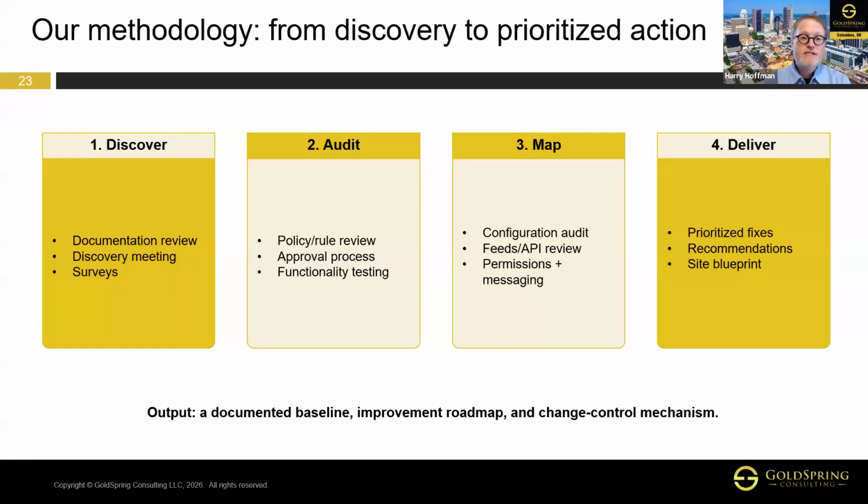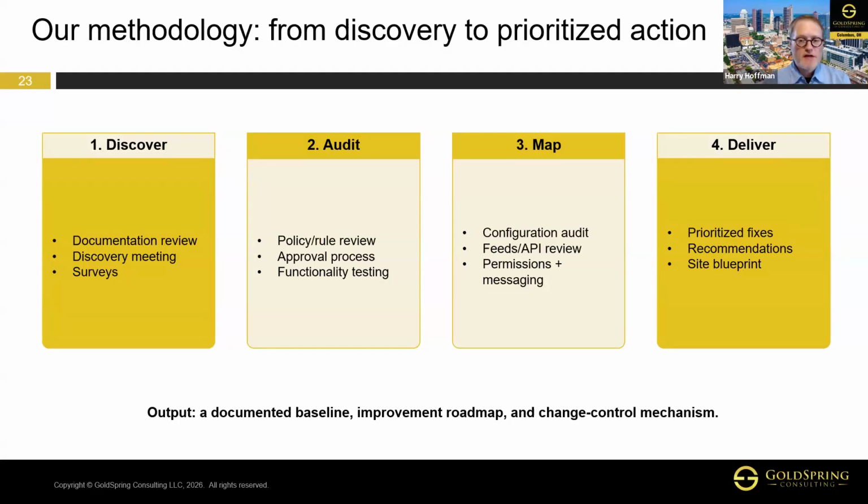How do we do it overall? What is our methodology for doing the OBT audit? So first we start with discovery. So we start with the documentation review. We ask you to collect what documents you may have from implementation or the last audit you may have done, so we can really understand what is supposed to be there. We also want to review the policy. Oftentimes policy does not fit exactly how an OBT is programmed.